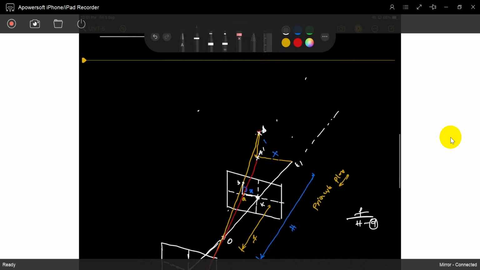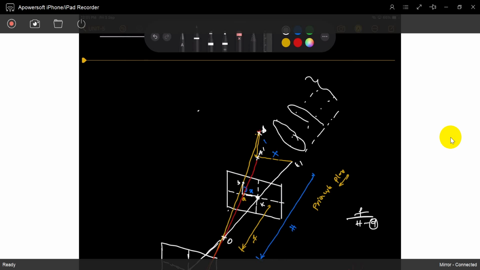So there are many points in the capture, and every point has a different distance from the focal point. If you want to consider only certain points, then you will choose a certain h.